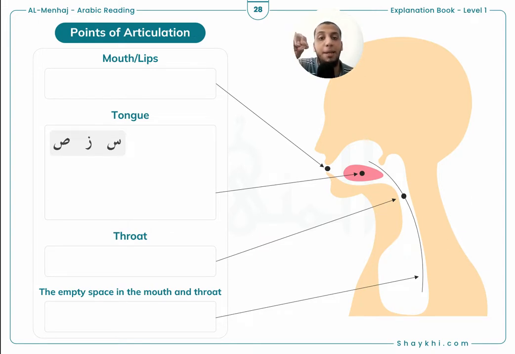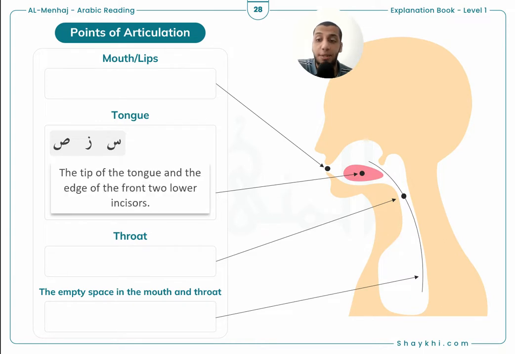Because they have the same point of articulation, which is the tip of the tongue and the edge of the front two lower incisors. So here is the tongue.